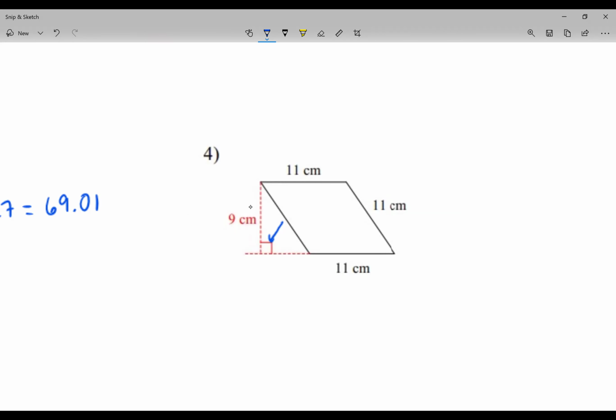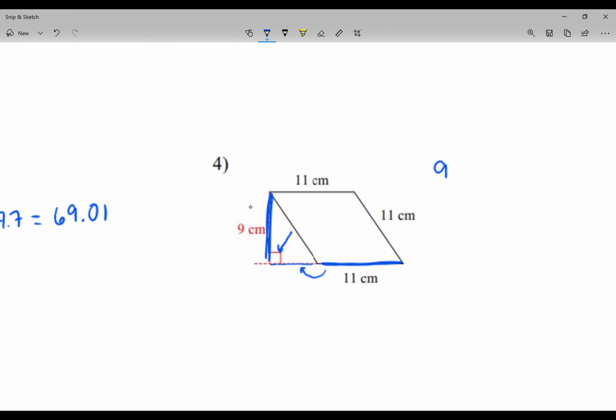What are the two measurements that make this angle? 9, that's the height of the parallelogram, and this 11. Because the 11 doesn't reach, they extended it with the dotted line, but it is the base 11. So for my area, 9 times 11 happens to be 99.